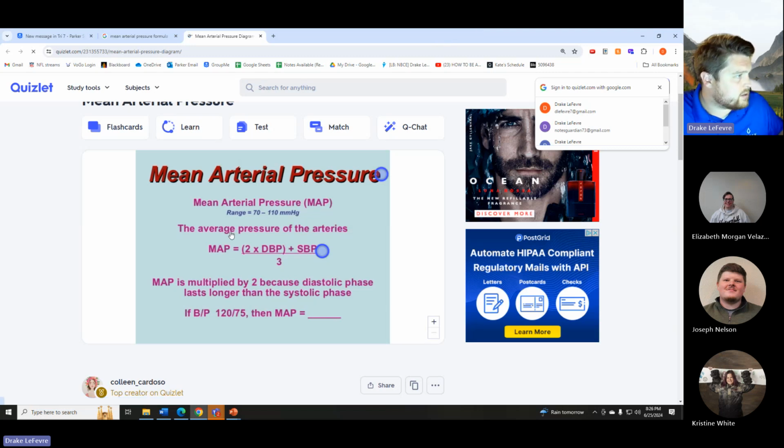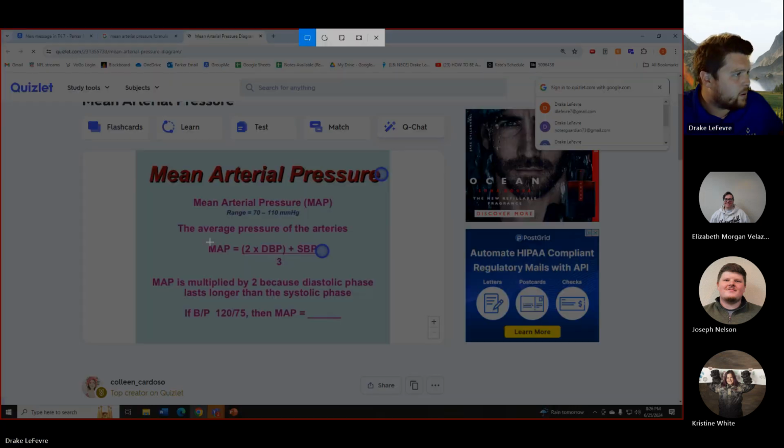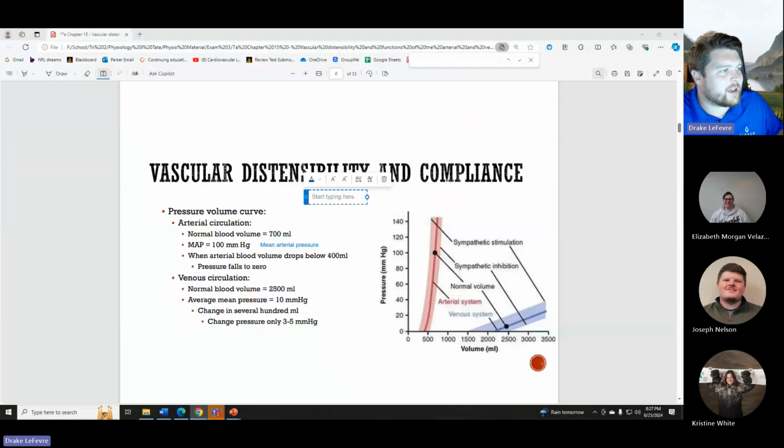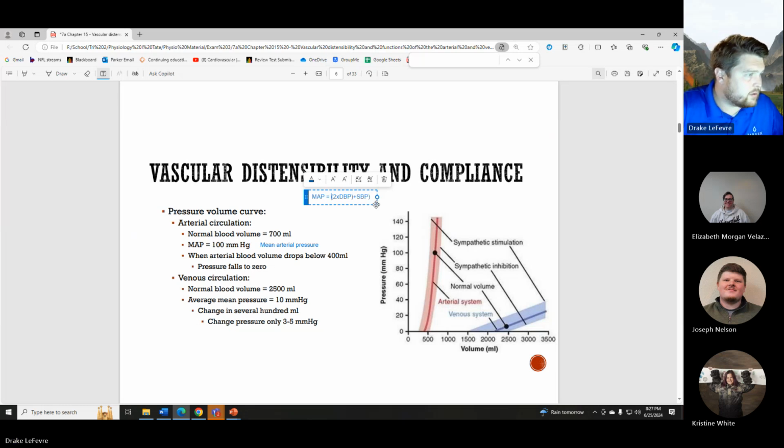Okay, mean arterial pressure equals 2 times diastolic blood pressure plus systolic blood pressure, all divided by 3.